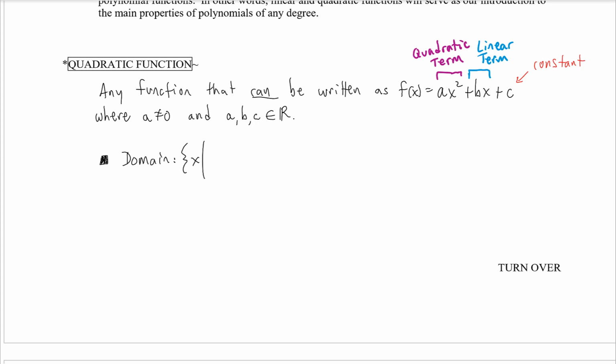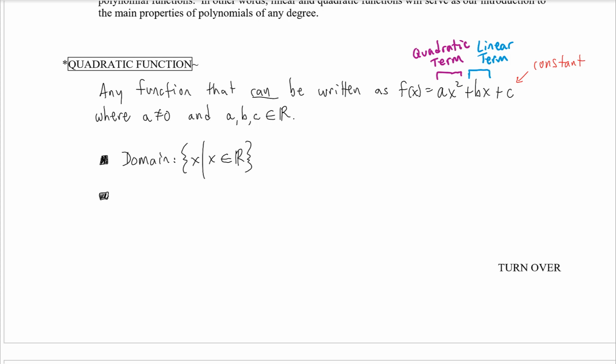Every single number you plug in for x, you're allowed to square it. You can square any real number. You can multiply any real number by another real number, and you can add any two real numbers together. So there's no arithmetic in this function that will not return back a real number. So the domain is all real numbers. You can plug any real number you want in for x, and you will get a real value for y back out.